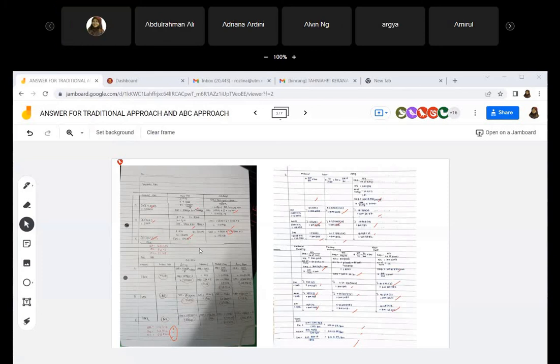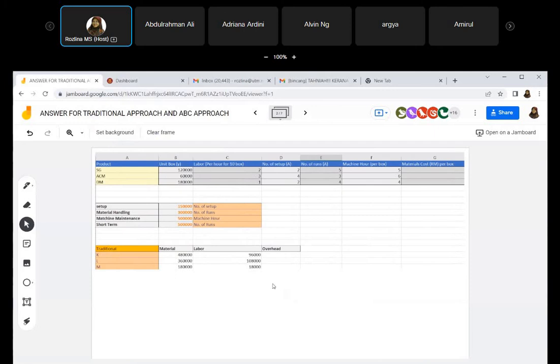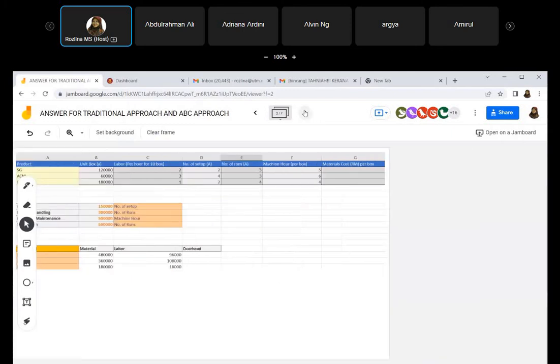Okay, Ikhwan and Huang Chun from earlier, you can see their answers. I refer to this one and this one is correct. But this one is ABC. For the traditional, you use this from Huang Chun. Remy, you did it using Excel. This is for the project, it is acceptable, but for our test it's not acceptable.